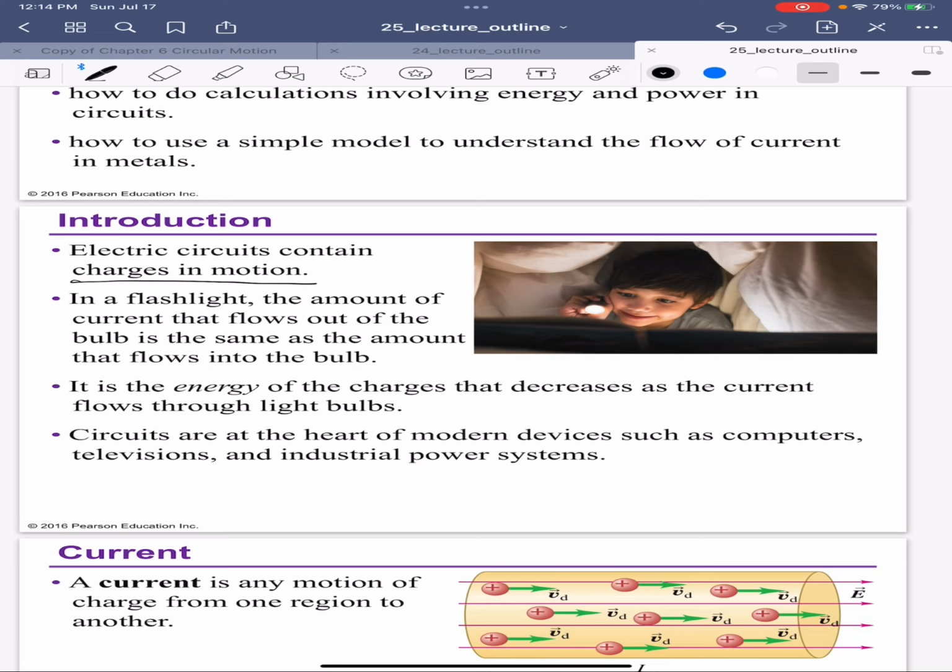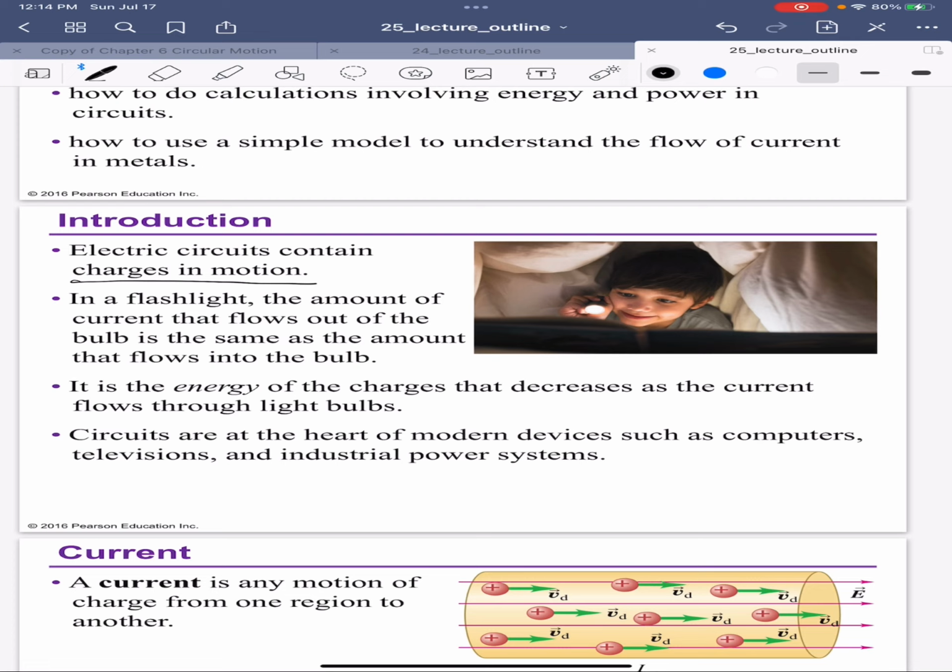Then I will say this flashlight that the kid is holding has some kind of charges that are going to move and flow and go through the bulb, and they are going to make that bulb glow. Also, it is the energy of the charges that decreases as the current flows through the light bulb, and then they're going to go back to the battery so that they will get more energy.